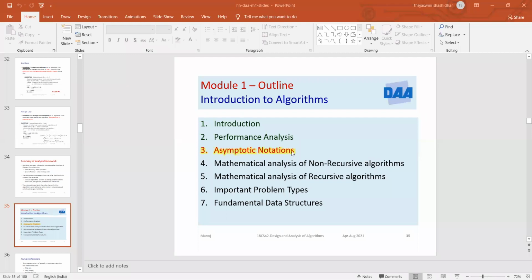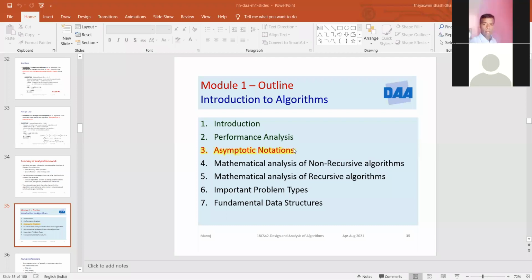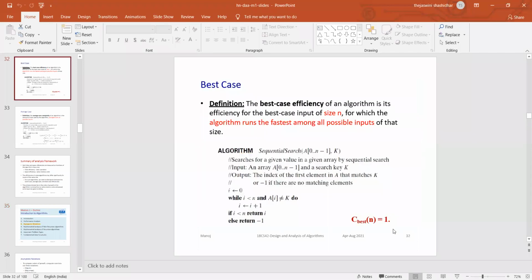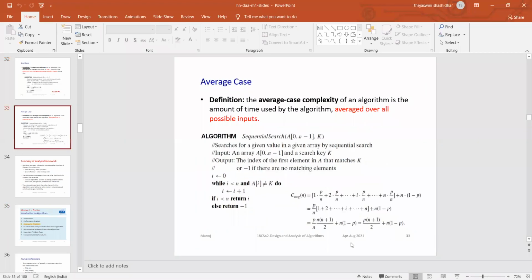So in the previous algorithm, we have gone with C worst, C best, like that. There we have seen big O of n square like that. Here you can see, here it is 1, and here the average case is this.